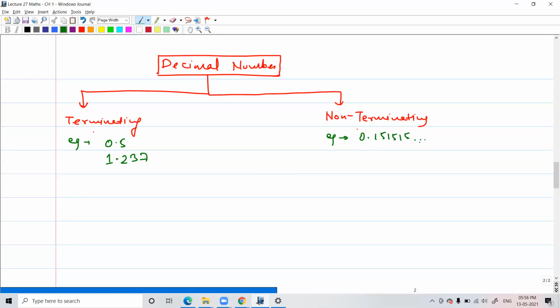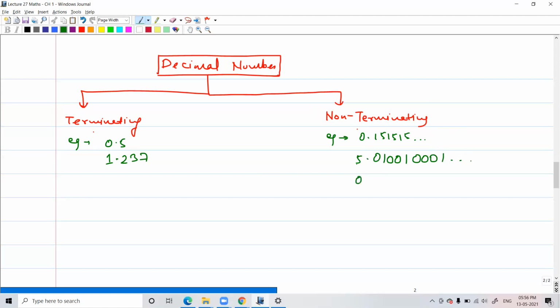So the idea is the number will not stop. It will keep on going, not only repeating. We don't care about that. I'm just talking about non-terminating right now. That means it doesn't terminate. So the number could be anything. Like I can have 5.010010001 and so on. This is also non-terminating.